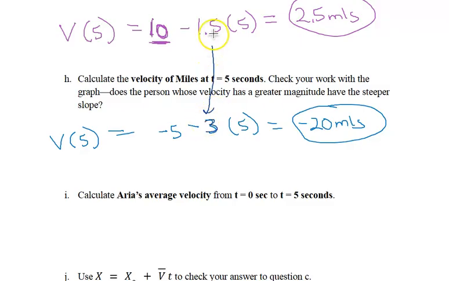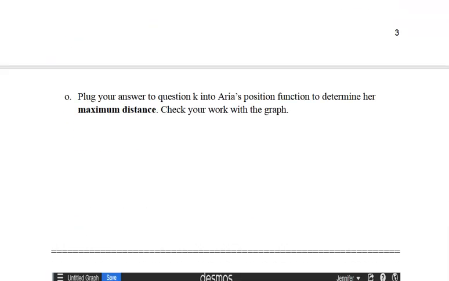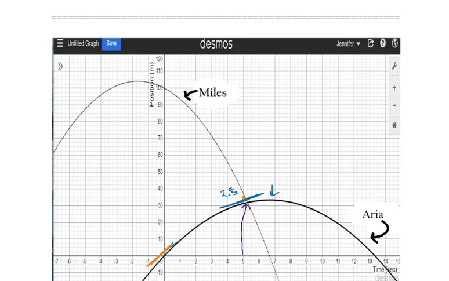3 is twice 1.5. So he's speeding up twice as quickly as she is slowing down. So that's why his speed is already at -20. He started at -5. His speed is -20 after the same amount of time has elapsed.